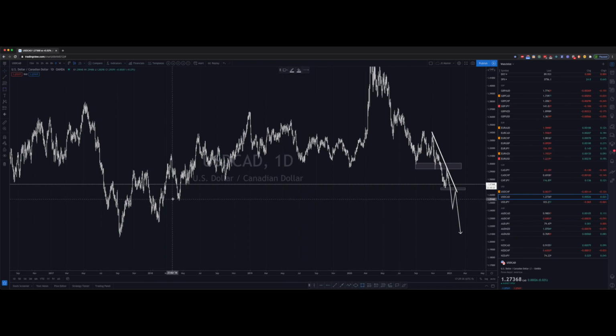That's your most recent area of interest, right? And then beyond that, you have this level here, which would be your next area of interest, like so. And then these are ultimate lows, right?